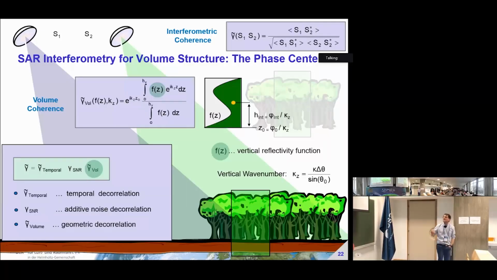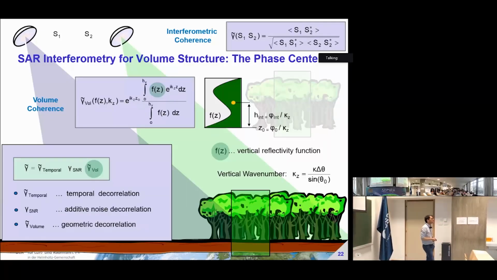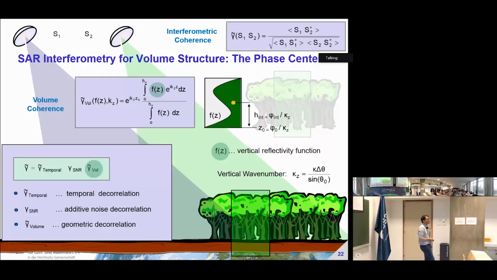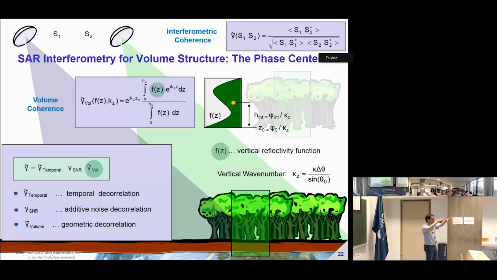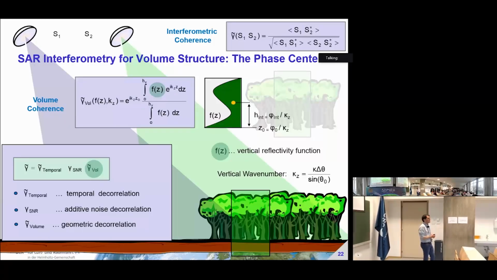But if your phase is close to the top, then you start to think that your scattering contributions are mostly located at the top. And this has to do, on the one hand, with penetration, but on the other hand, also with the characteristics of your volume. For instance, if it's a forest, it makes a difference if you have a closed canopy or an open canopy, or maybe for the same canopy if the forest is drier or wetter, or there is more or less water inside.